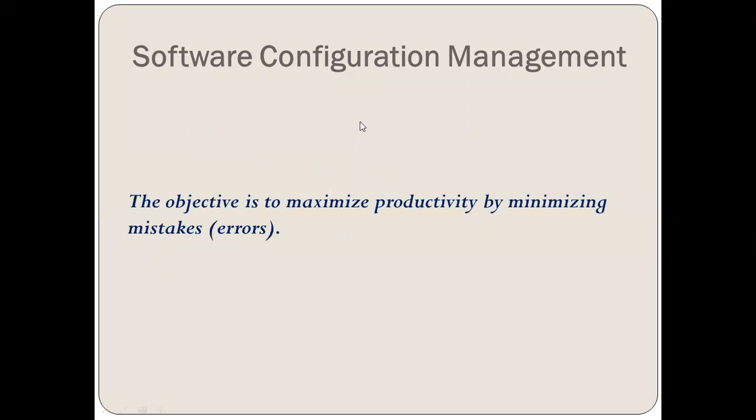Moving further, the objective of software configuration management: the main highlight point is that I need to maximize productivity and minimize errors or mistakes. Because configuration management is all about change, why is the change required?